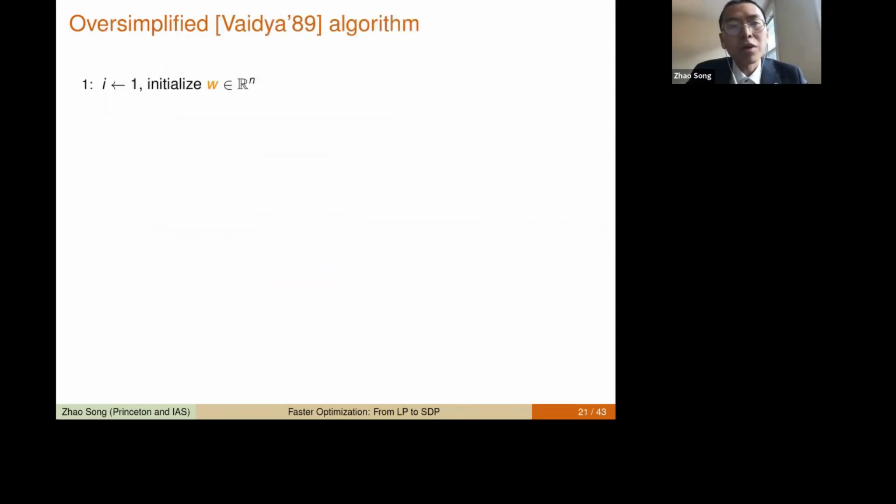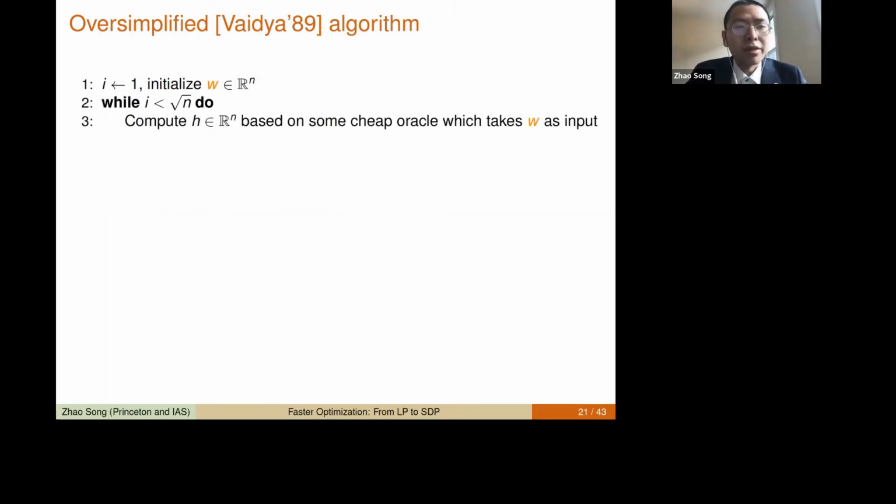Here is the oversimplified version of Vaidya's 1989 algorithm. Say i is the iteration counter, and at the beginning we initialize w. Then we have a while loop. In line 3, we compute some h based on a very cheap oracle that takes w as input. You should think of line 3 as taking 0 time.